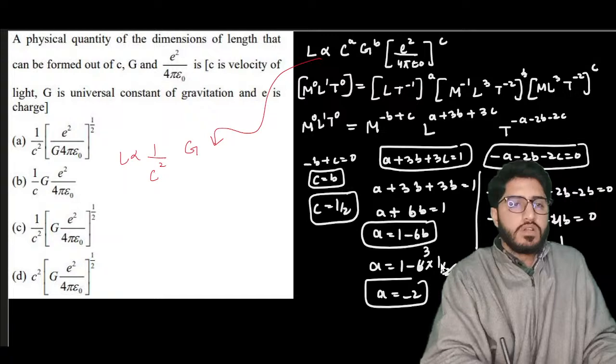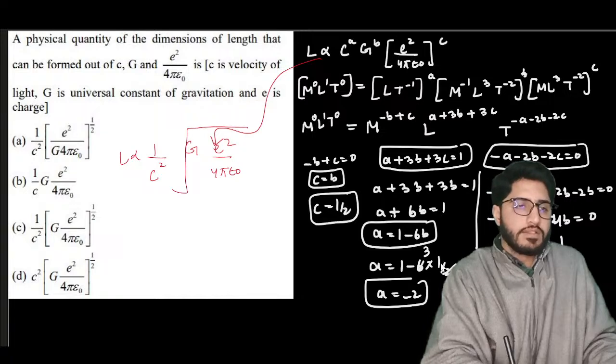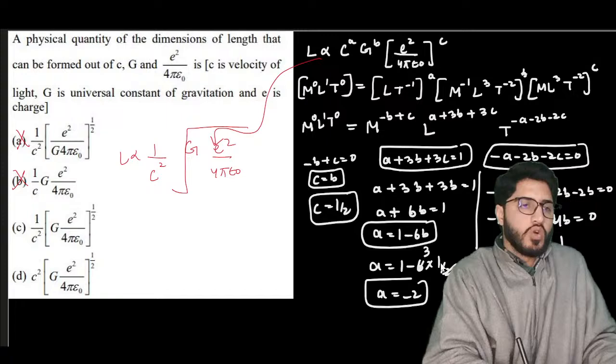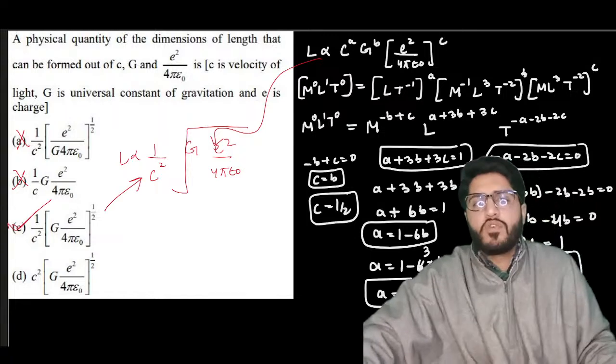Then we have the whole E square divided by 4 pi epsilon naught is also 1 by 2. I can take a root like this. Is option 1 correct? No. Option 2 correct? No. Option C, yes. Option C is correct. Right? It is matching with this one. That's how we can do it.